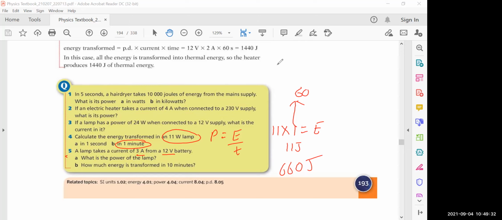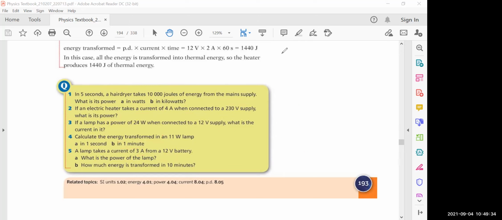Now, children, please do 5B. Power of the lamp we are getting here, V into I, that is 36 watts. And how much energy is transformed in 10 minutes? So E is equal to P into T. Also, you know that E is also equal to VIT, because P is equal to VI. Since power is given directly, there is no need to write the equation VIT.